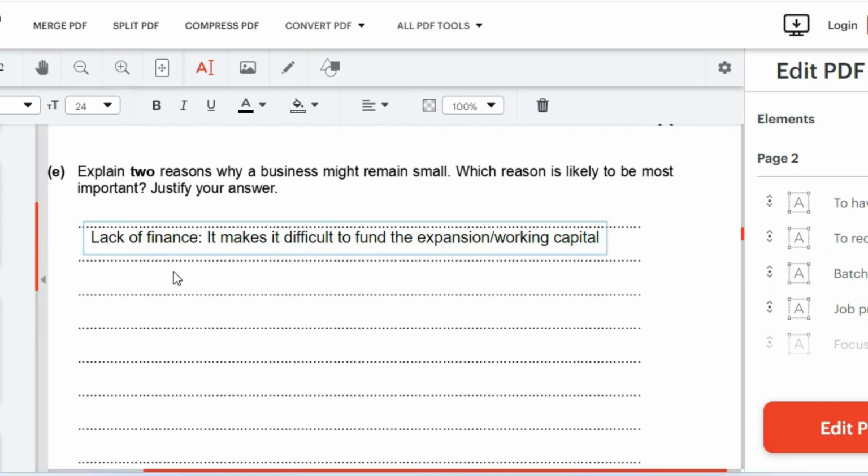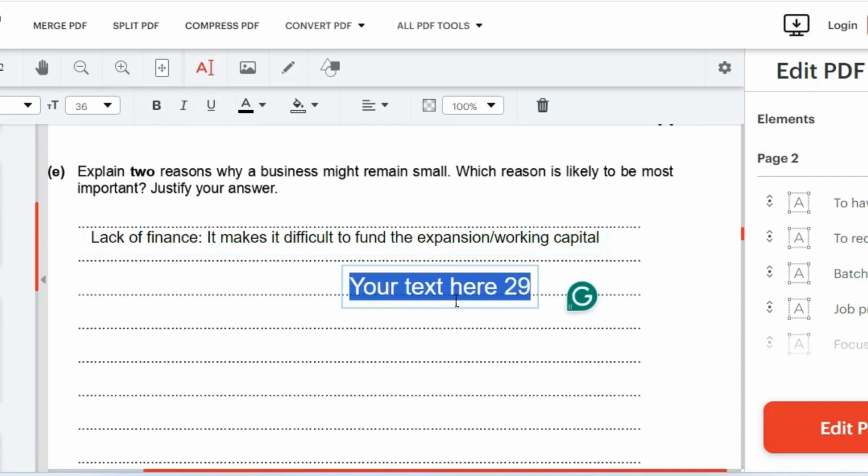Now, the second reason is lack of skill or knowledge to expand a larger business. Let's put it as lack of knowledge or skills.